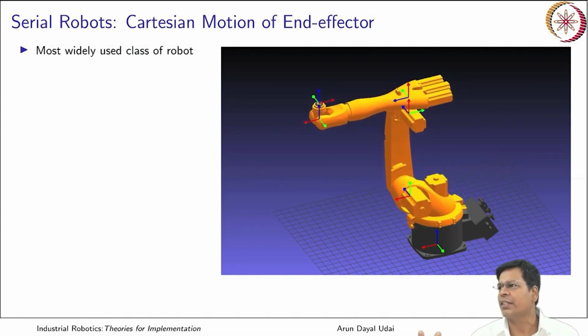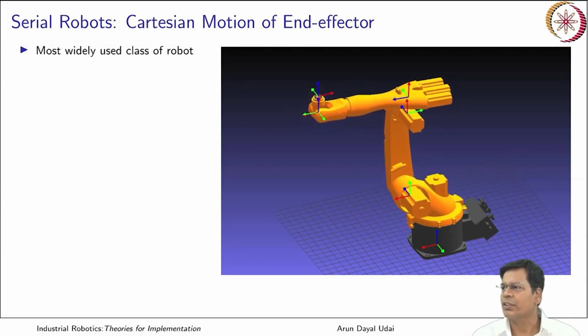Along different Cartesian directions of that frame, the robot is now moving. Moving along X, which I would normally represent by red, along Y, which I represent by green, and along Z, the blue axis, if you can see. In all three directions you see the translational motion this robot is now making.